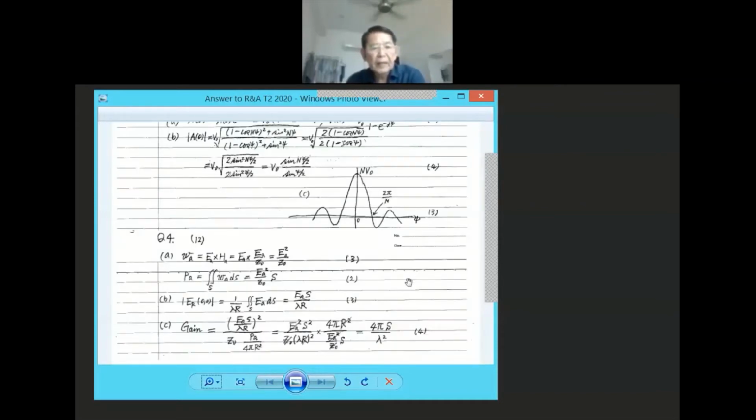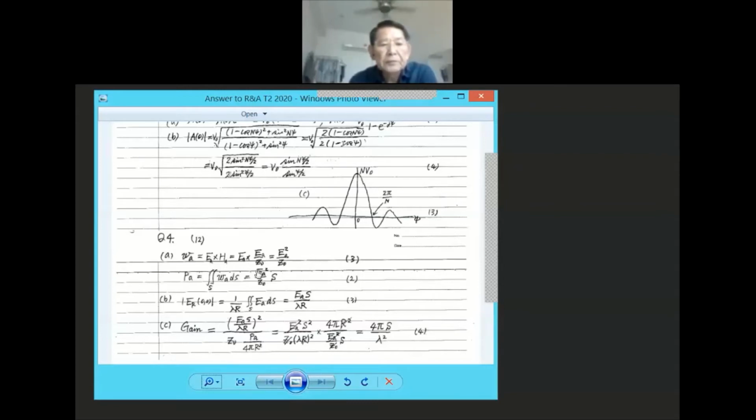And next, question 4. This is the radiated power density from the antenna. Power density is the pointing vector. The pointing vector is E field and H field multiplied.